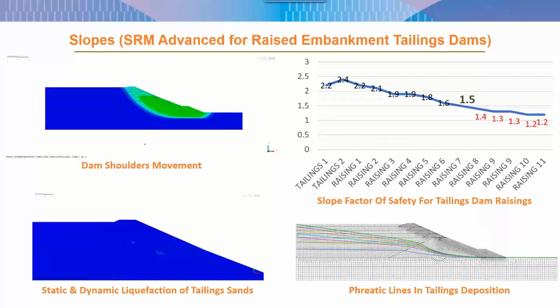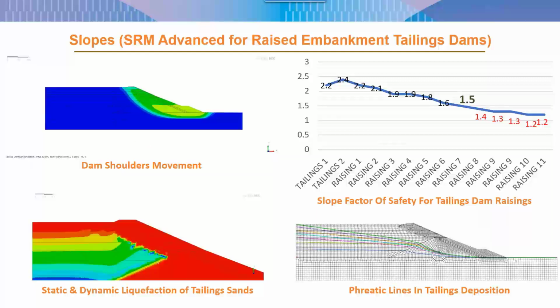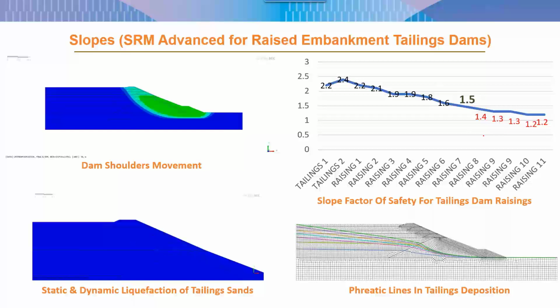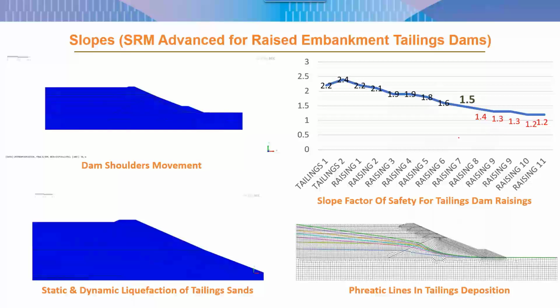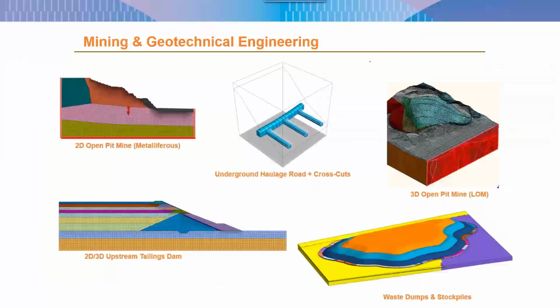So the shoulder movements of a dam and the liquefaction, phreatic lines, factor of safety variation. Finally, for mining and geotechnical engineering, 2D or 3D open pit mines, then your underground haulage road plus crosscuts. You can basically call it a labyrinth of tunnels underground.